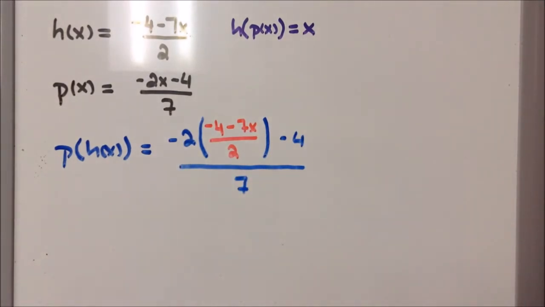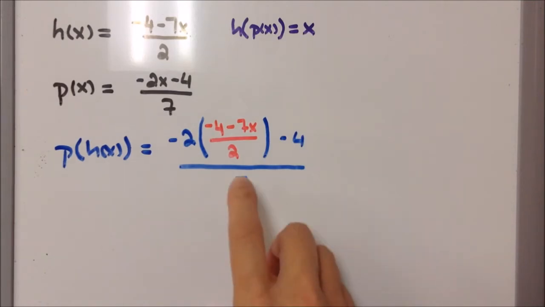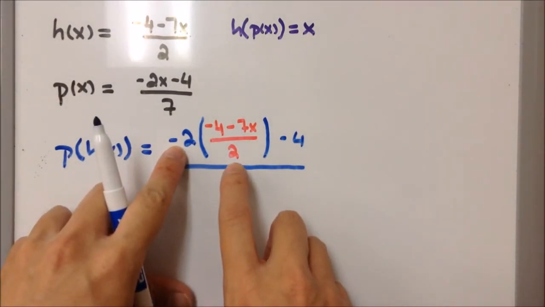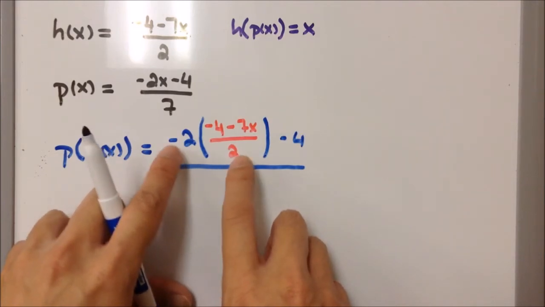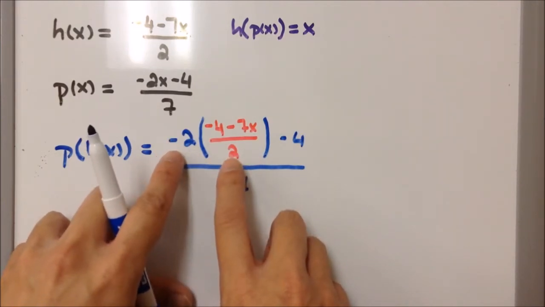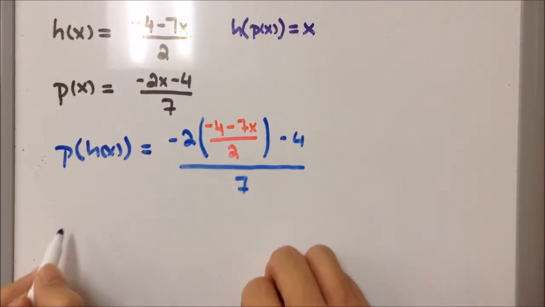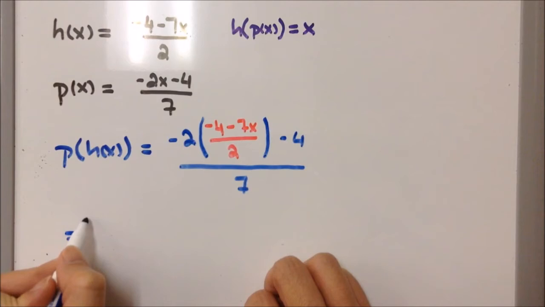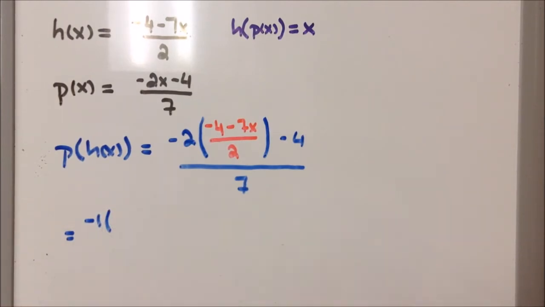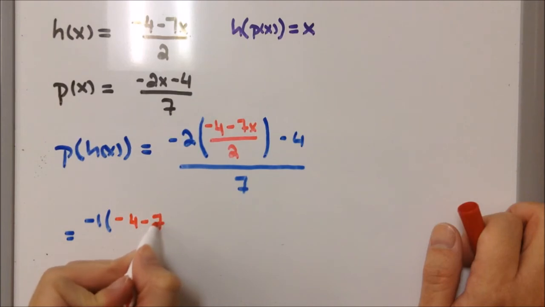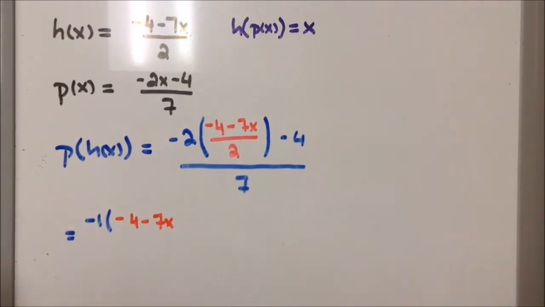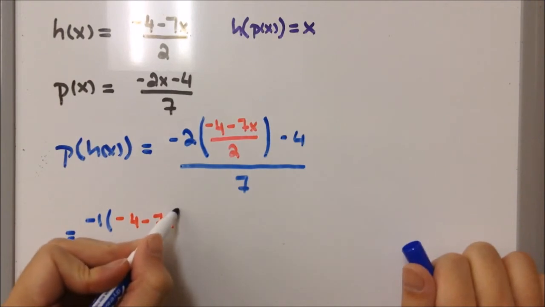Alright. Now, just like before, we have a negative 2, and it's being divided by that 2. So again, when you have a whole number outside a fraction and it's the same as the denominator, you can just divide them. So negative 2 divided by 2, I'm going to write it right here, equals negative 1. And then we're left with just the numerator, which is negative 4 minus 7x. And I'm going to close this.